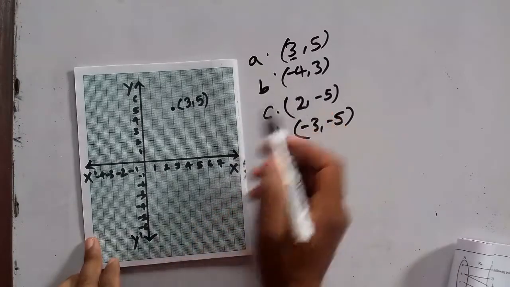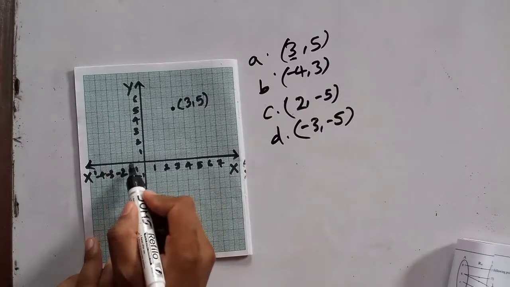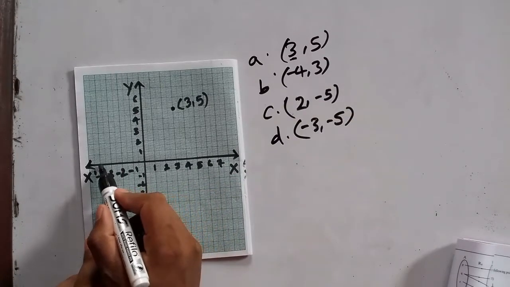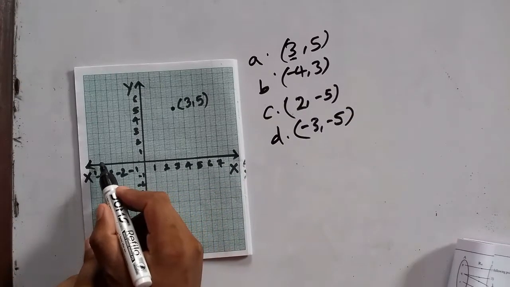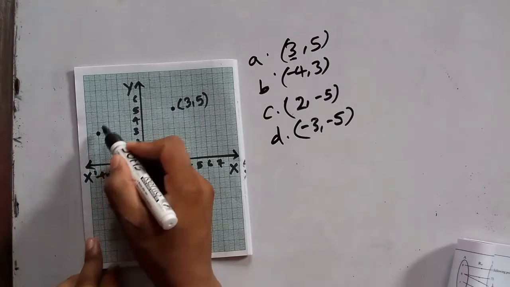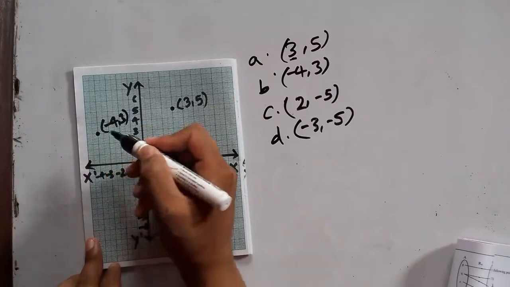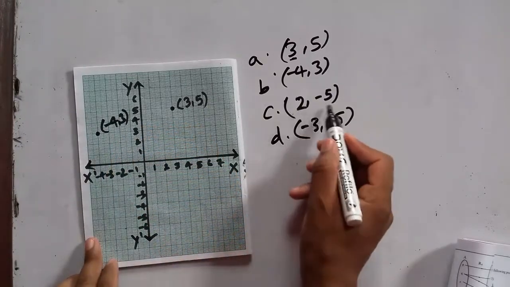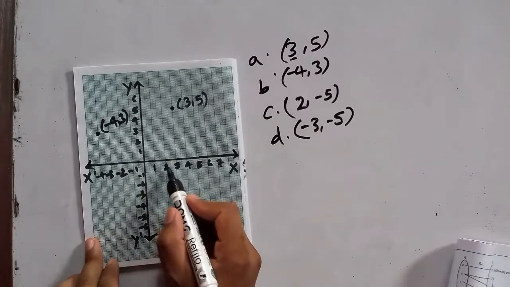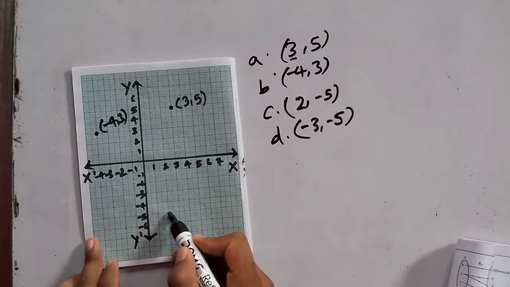And (-4, 3). -4 is on the x-axis, minus 1, minus 2, minus 3, minus 4, and 3 is on the y-axis, 1, 2, 3. So this is the plotting point for (-4, 3). Another is (2, -5). 2 on the x-axis, 1, 2, then down 1, 2, 3, 4, 5.